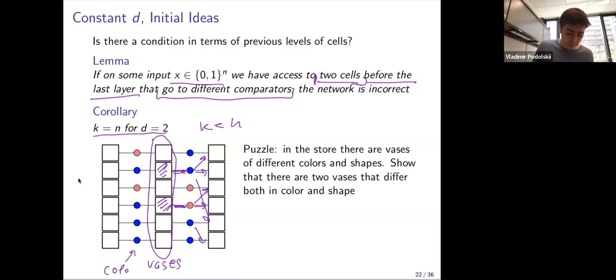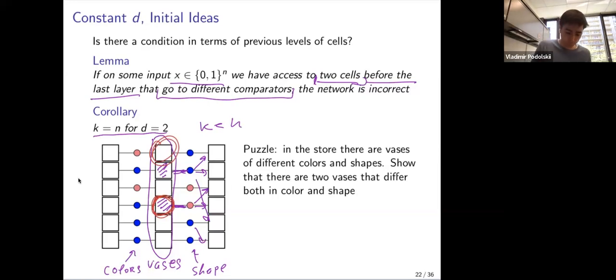And here we have color, and here we have shape. So you know that you have two vases that differ both in color and in shape. I can find you an example, I guess, maybe this one and this one. And then this gives me the following: I can actually get access to these two cells because they come from different comparators.